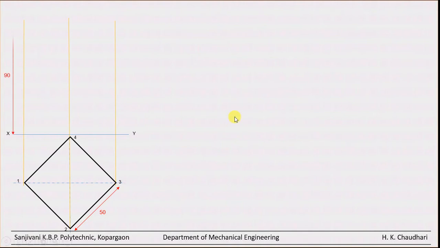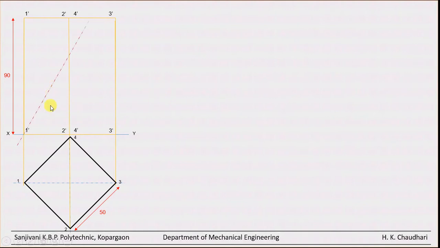Now take the height of 90 mm which is given in the problem. Then from this top draw a locus. Now we have this front view of this prism. Name the points as 1 dash, 2 dash, 3 dash and 4 dash as usual.